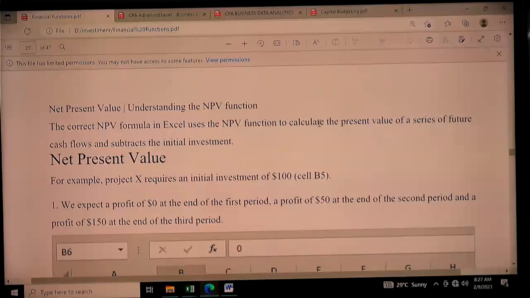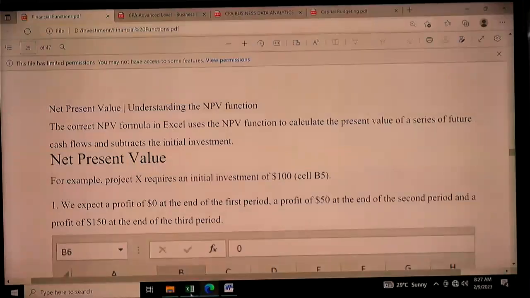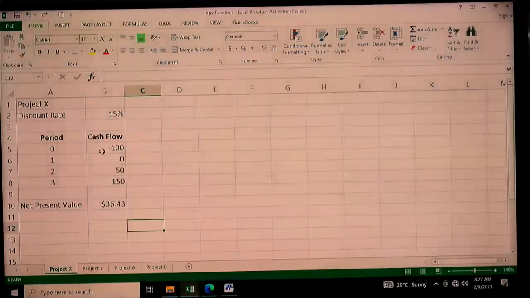That is a series of future cash flows and subtract the initial investment. So as you confirm this, then I will share that worksheet. Let me share the worksheet with you. Present value function.